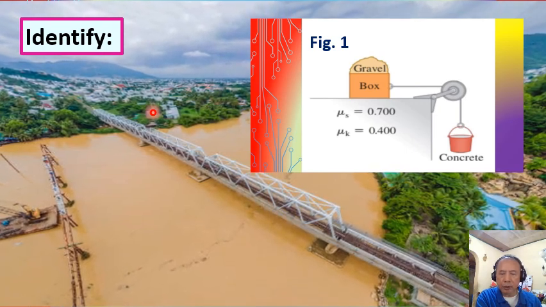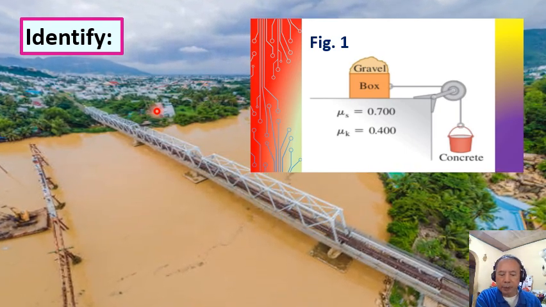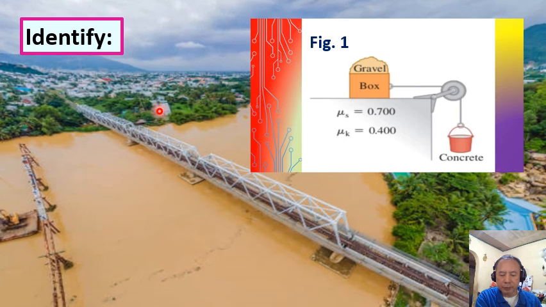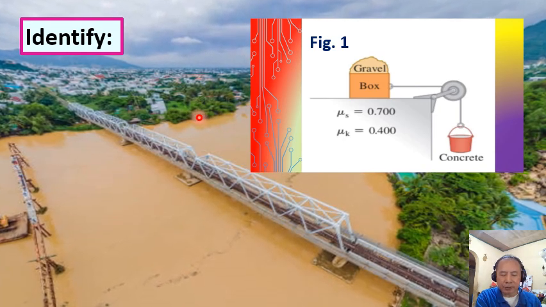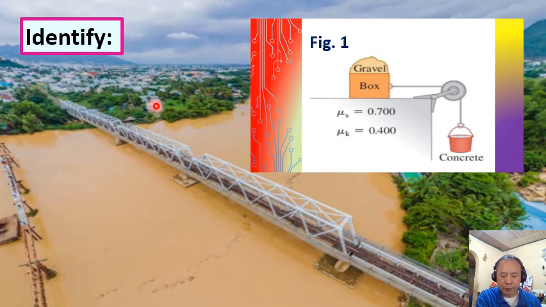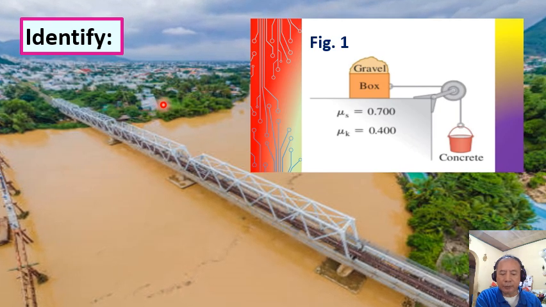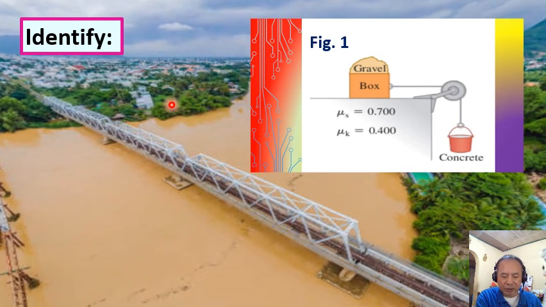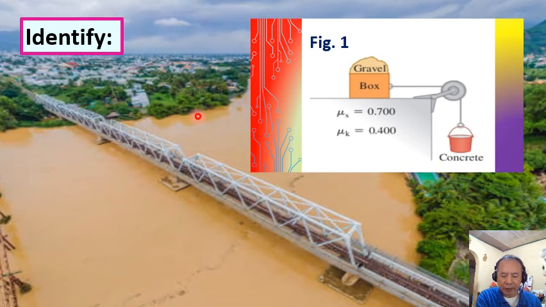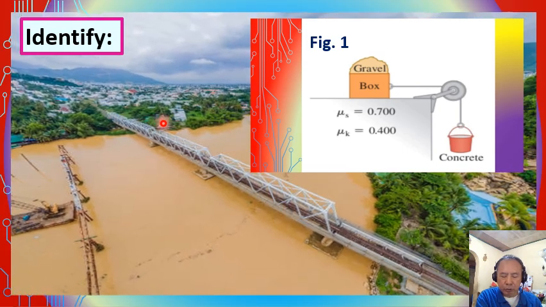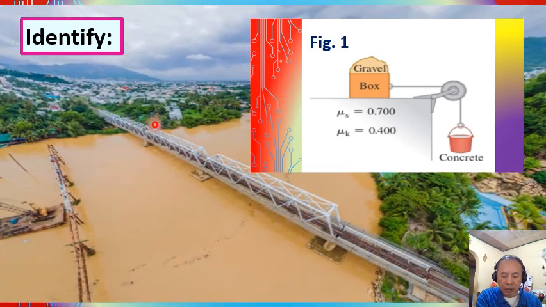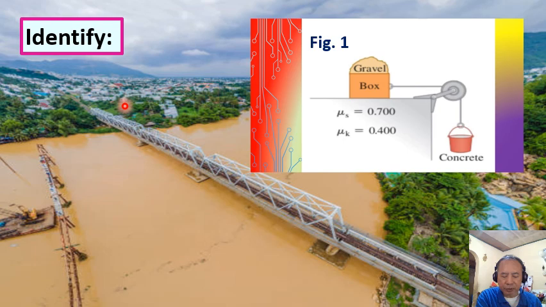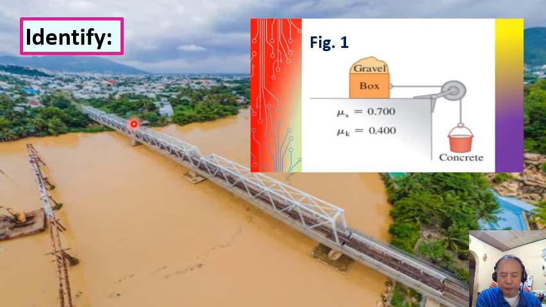As mentioned in the question, the bucket of concrete hangs from a light but strong cable that passes over a light frictionless pulley and is connected to the box on a horizontal roof.